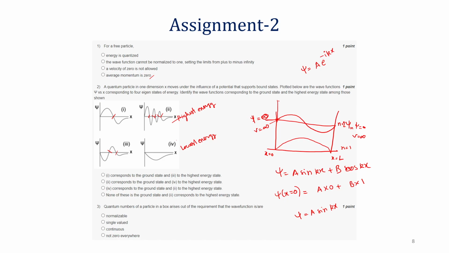The continuity will also be an answer, so I think this is an MSQ type answer, because psi at x equal to 0 is 0 because of the continuity, as outside the box it is 0. So both normalizable and continuous should be answers. I'll check with the professor.